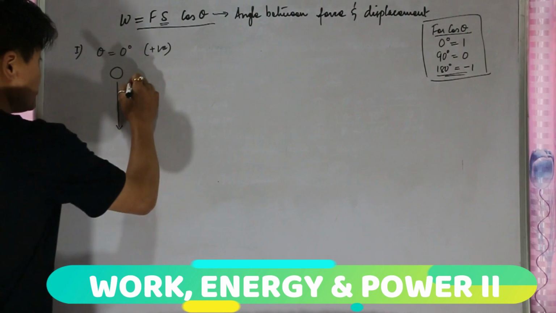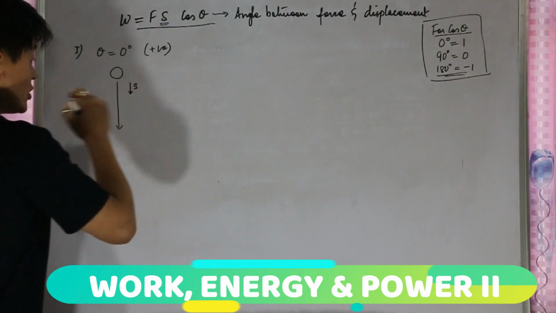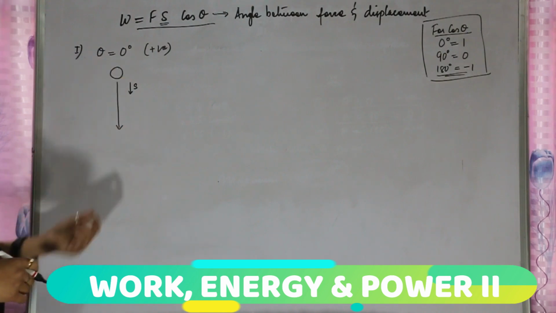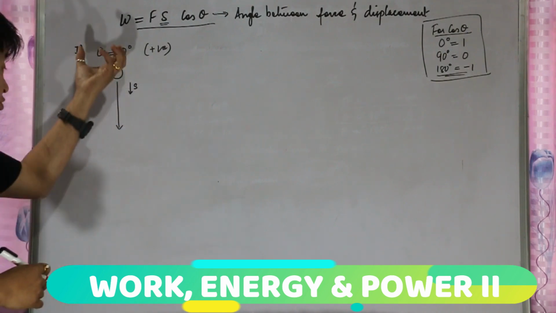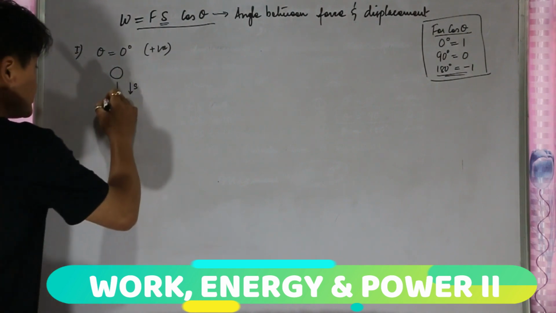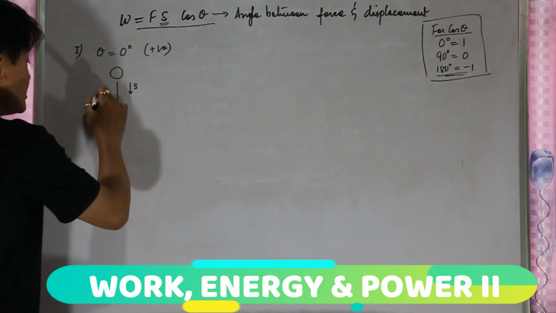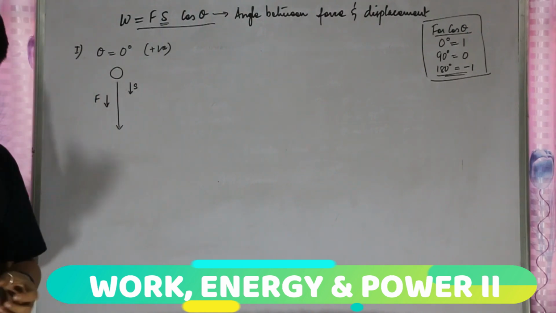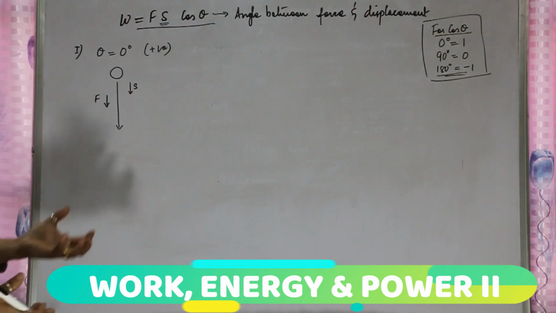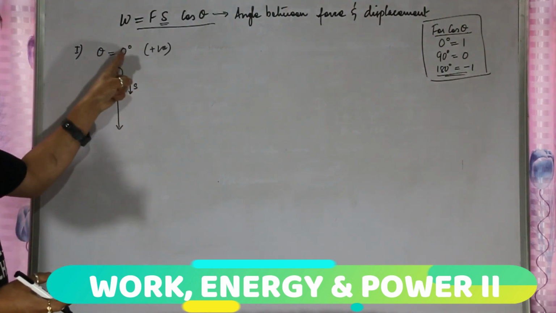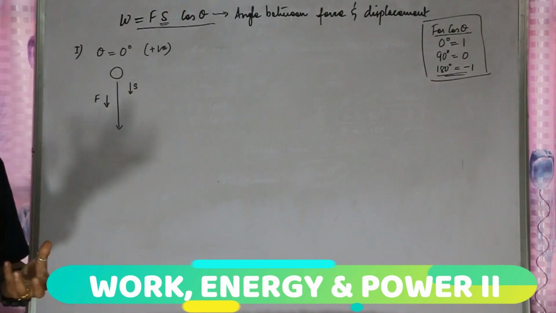Here the displacement will be in the downward direction, and the ball is falling due to the force of gravity, which is pulling the ball downwards. So the force is also in the downward direction. Force and displacement are in the same direction, so the angle between them is 0 degrees, and the work done is positive.